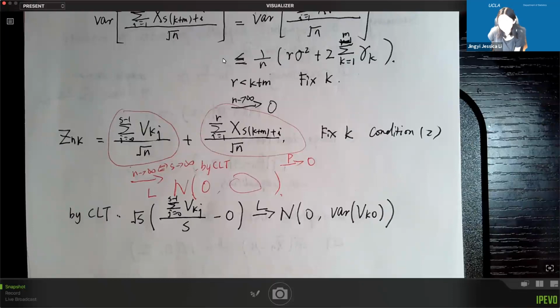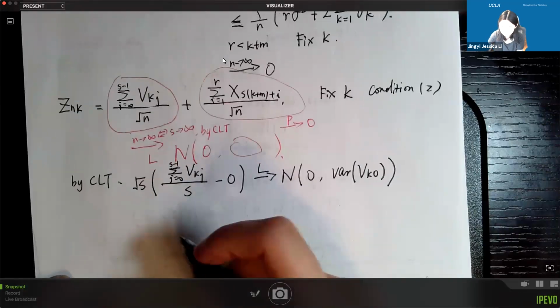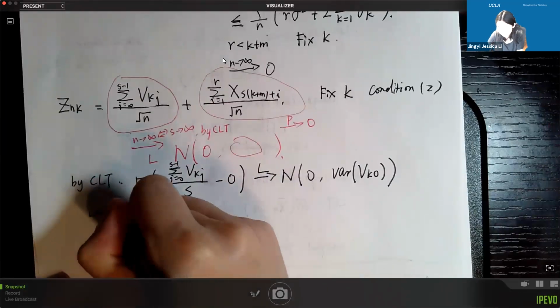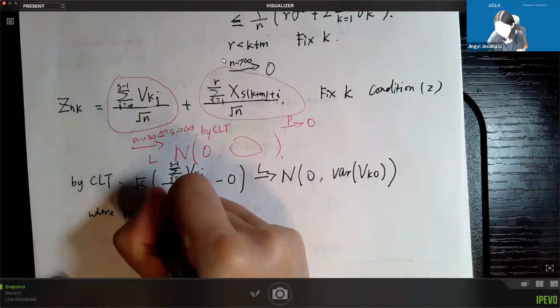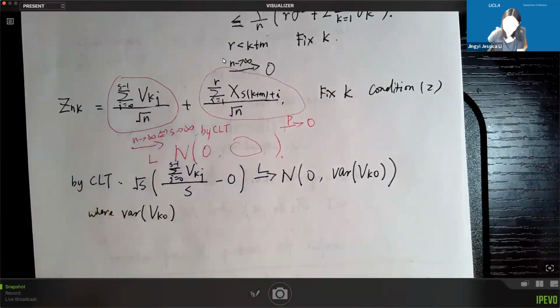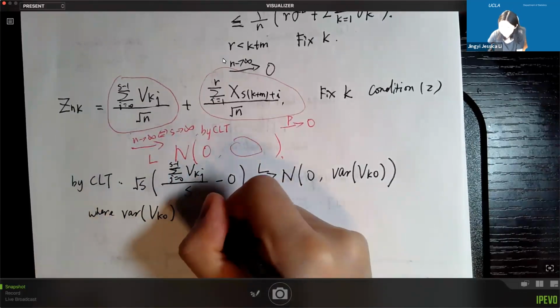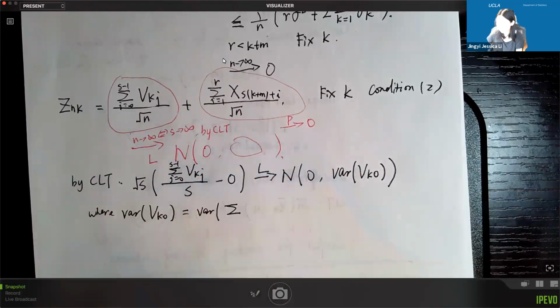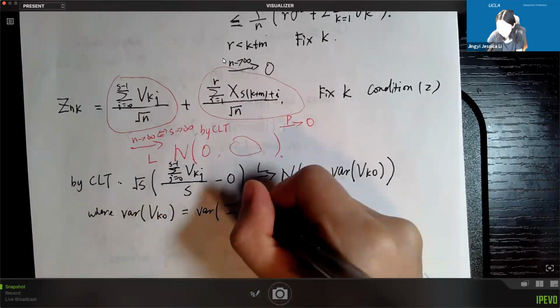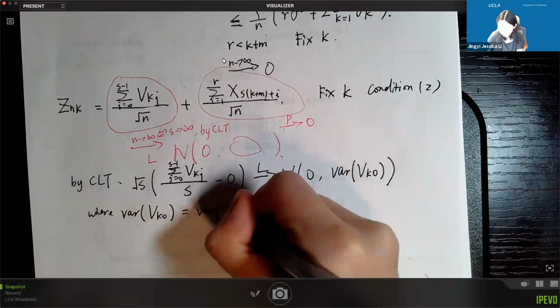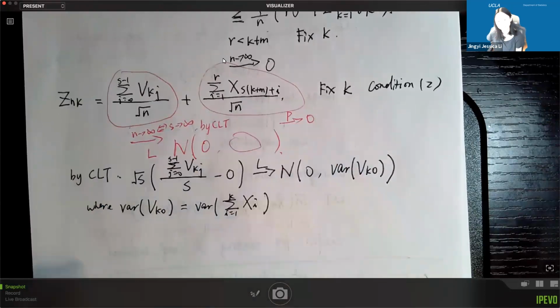And here again, because we have independence, since the vkj's are apart from each other by n in the sequence. Then what's vk0? The variance of vk0, if we think about it, is basically the variance of the summation of the first k random variables, xi, i from 1 to k, right?